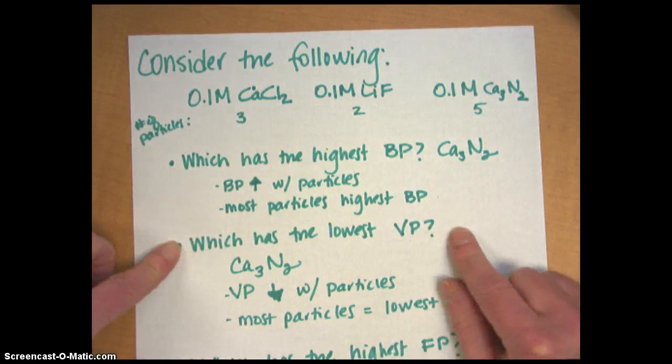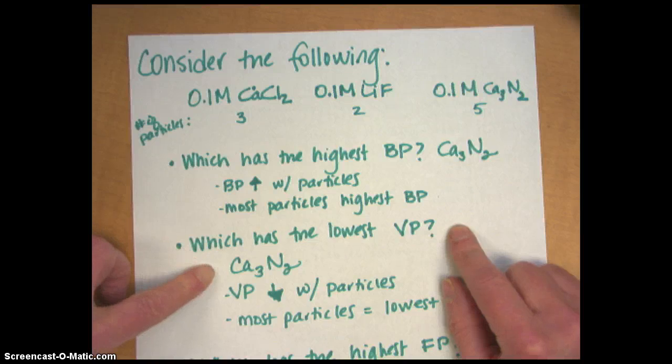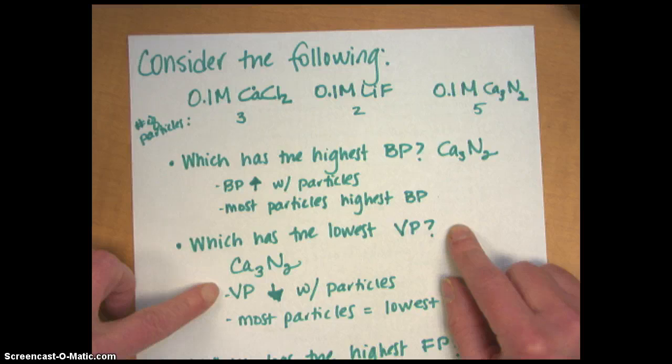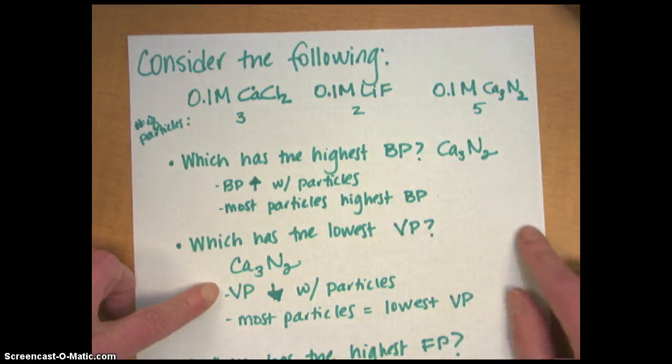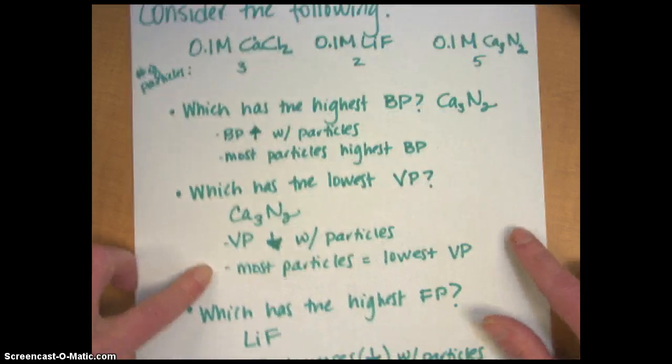If we wanted to know which has the lowest vapor pressure, again, calcium nitride would, because there are more particles, and so it's harder for those molecules to escape, and so there's going to be less vapor putting force on the container, or per unit area.